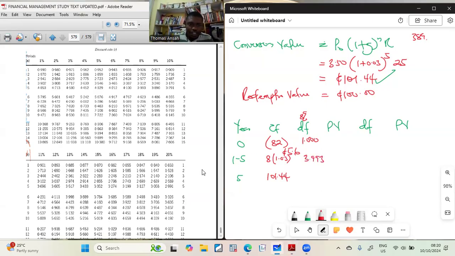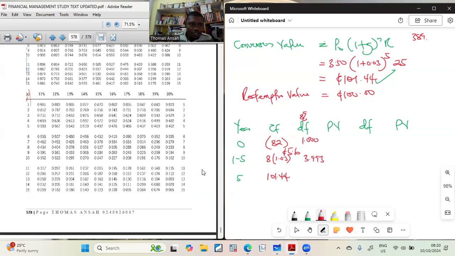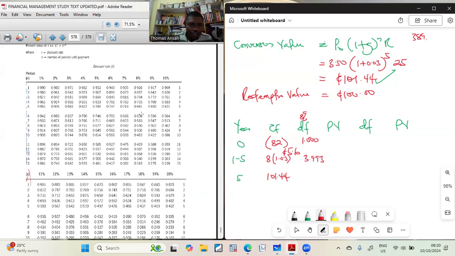Then the discount factor, 8%, 5th year, that is 0.861. So if I am you, probably depending on the answer I'll get here. So here is 82. So 5.6 multiplying 3.993 is 22.36.